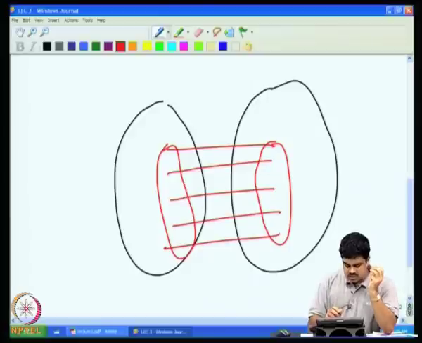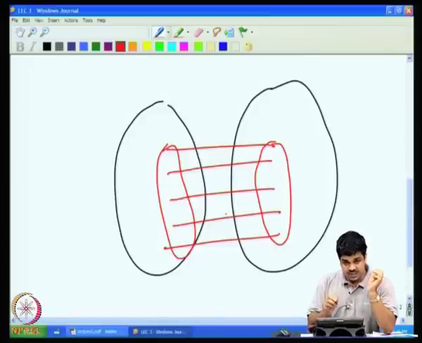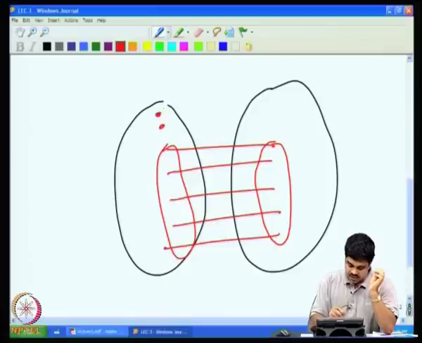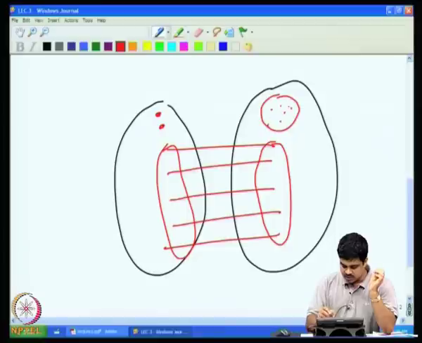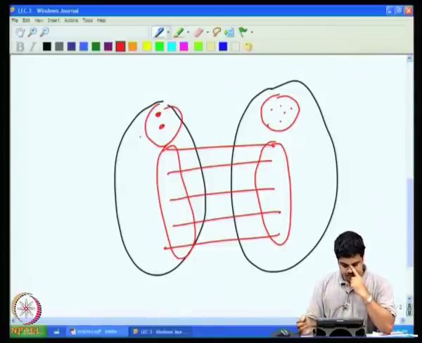Now, because we have assumed that Hall's theorem is not true for this graph, that means Hall's condition is satisfied, still there is no matching which matches all the vertices of A, there should be some vertices here. There can be some vertices here also unmatched. These are the unmatched vertices on the A side.